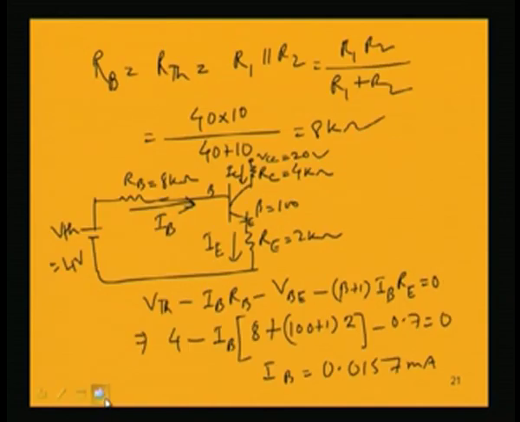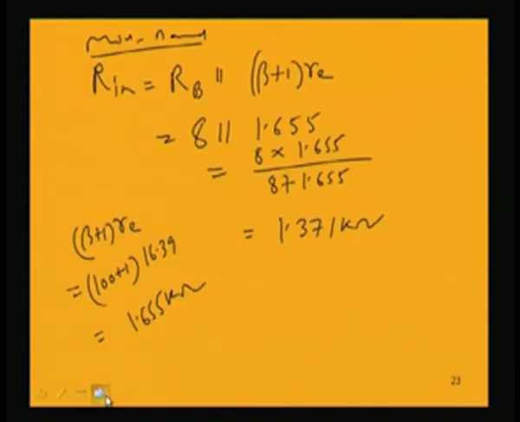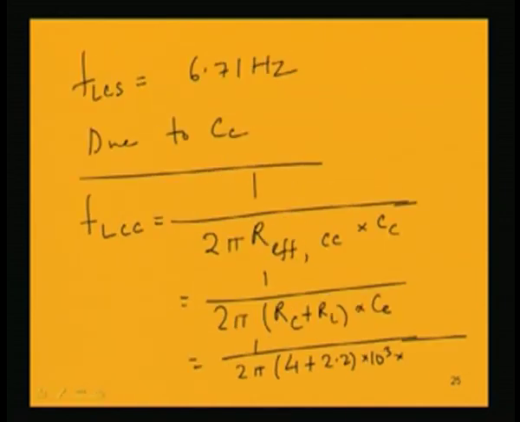So, putting these values here, we find the lower cutoff frequency due to Cc. FLCc finally comes to 25.67 hertz.